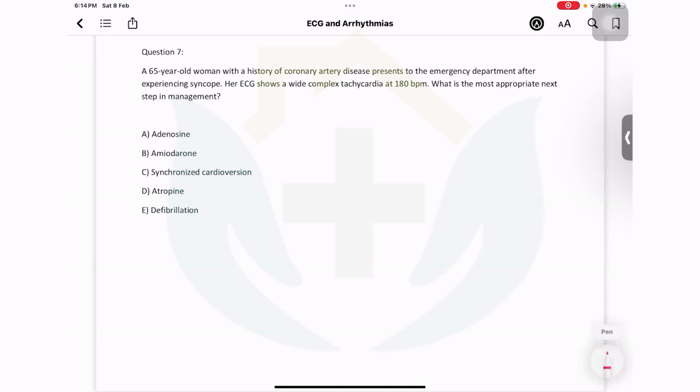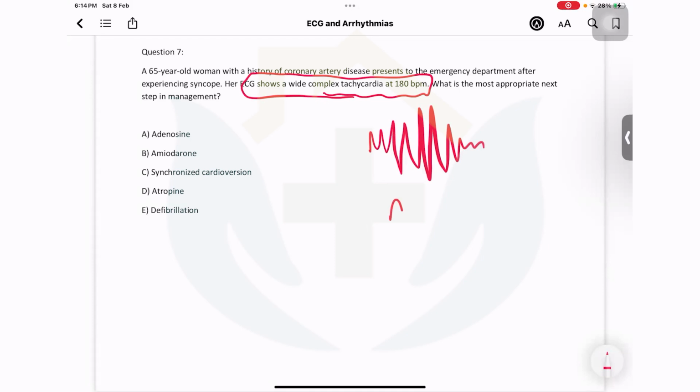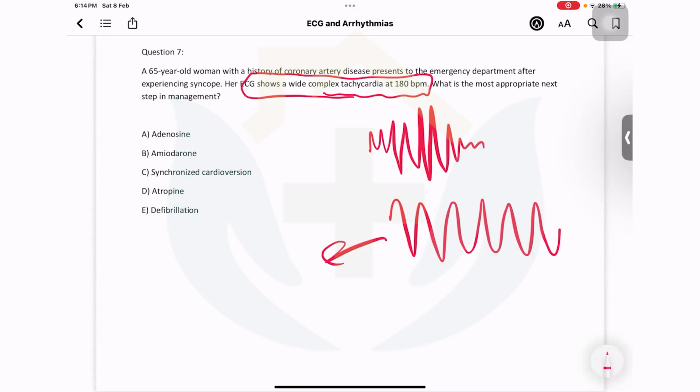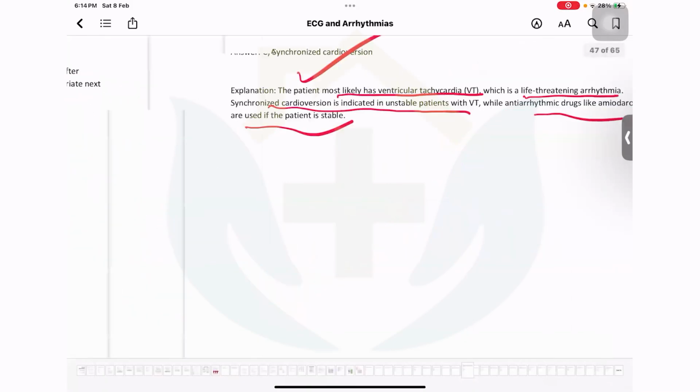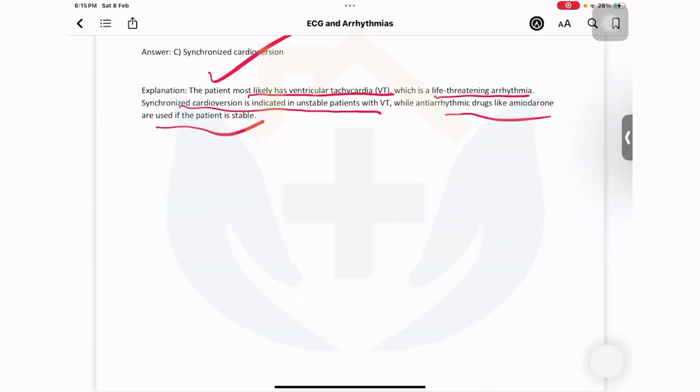Why? The rate is fixed at 180. Torsades you cannot make out. This is a fixed 180. Monomorphic VT. Yes, so this is a VT, and the patient has syncope. What will you do? Synchronized cardioversion, unstable monomorphic VT. Yes. So this patient needs synchronized cardioversion. And then take the patient up for what? Coronary angiography. Yes.